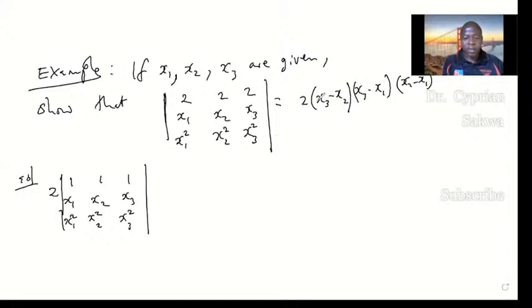I can see I have x3 minus x2. I can also see that I have x2 minus x1. So what I want to do here is take column 3 minus column 2 to get the current column 3. I also want to take column 2 minus column 1 to get the current column 2.